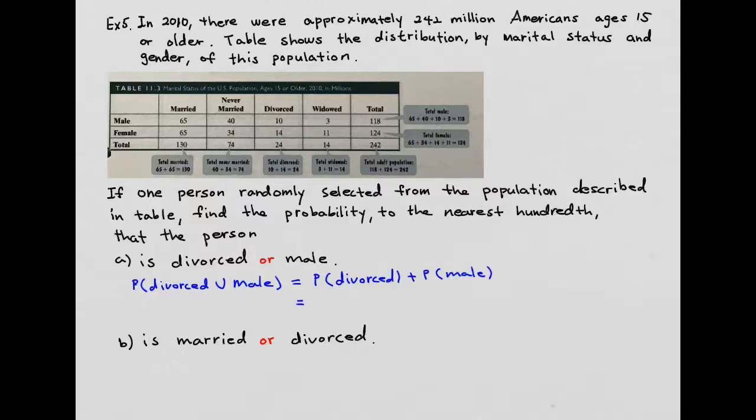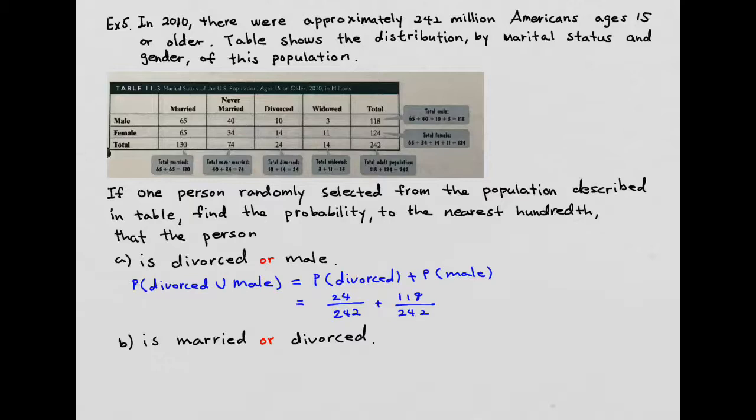So the probability of divorce is going to be 24 total, right? 24 over 242, since the total of the research was 242 million. Plus, you're going to have 118 over 242.